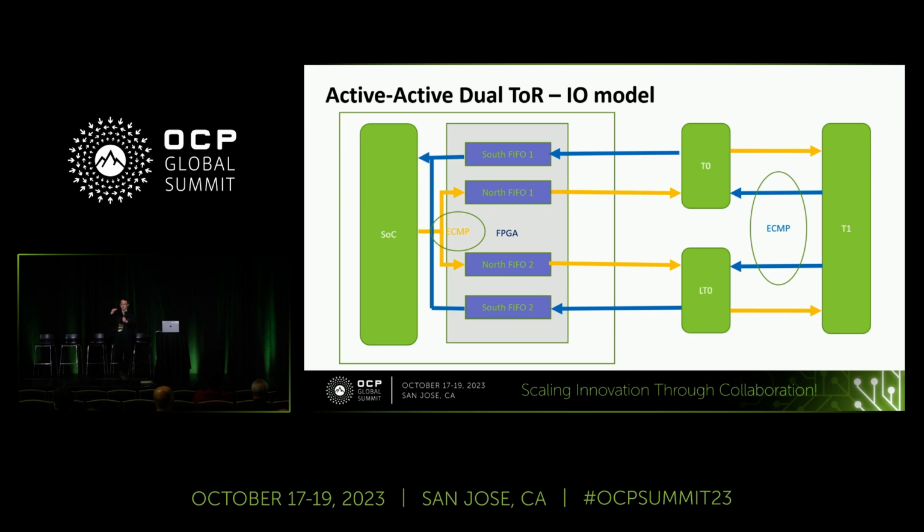Otherwise, if both uplinks are healthy, it is the FPGA's responsibility to dispatch I/O per 5-tuple, at stream level, to both uplinks, so that we can leverage both uplinks to their full potential.